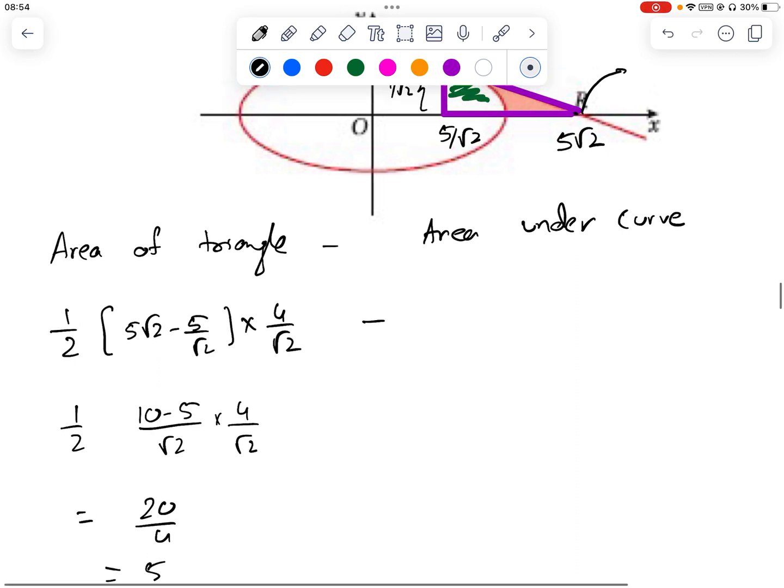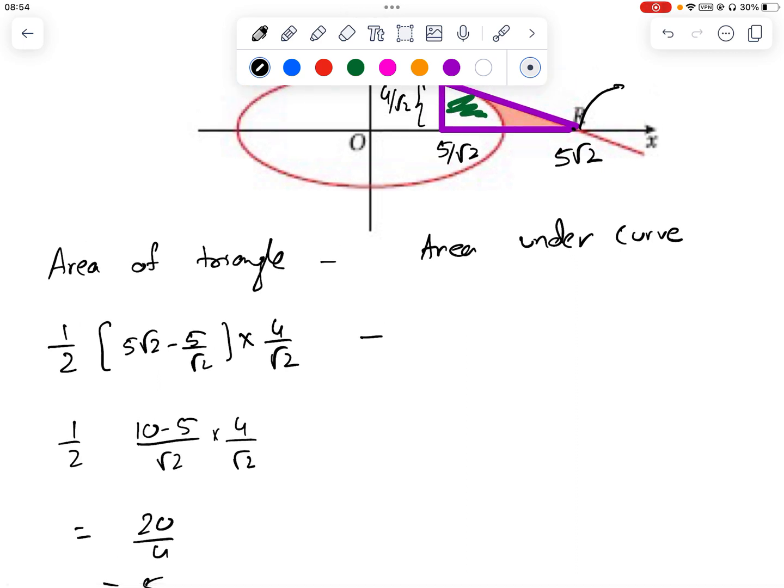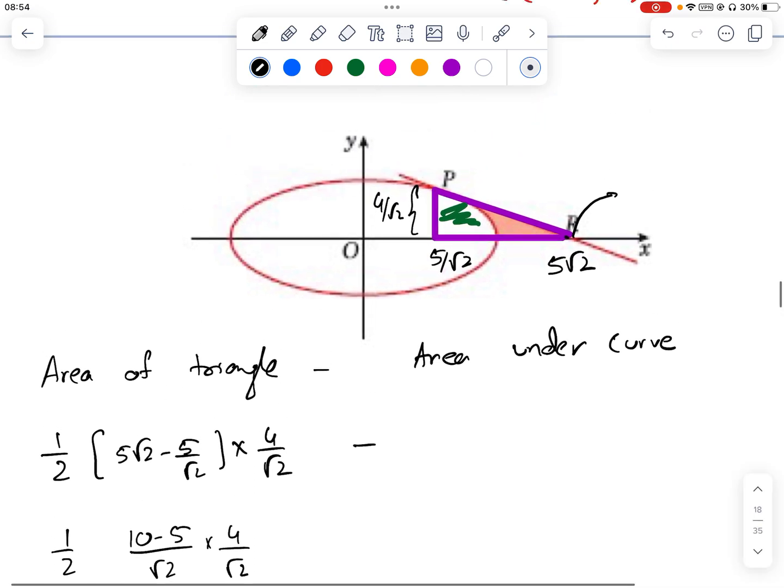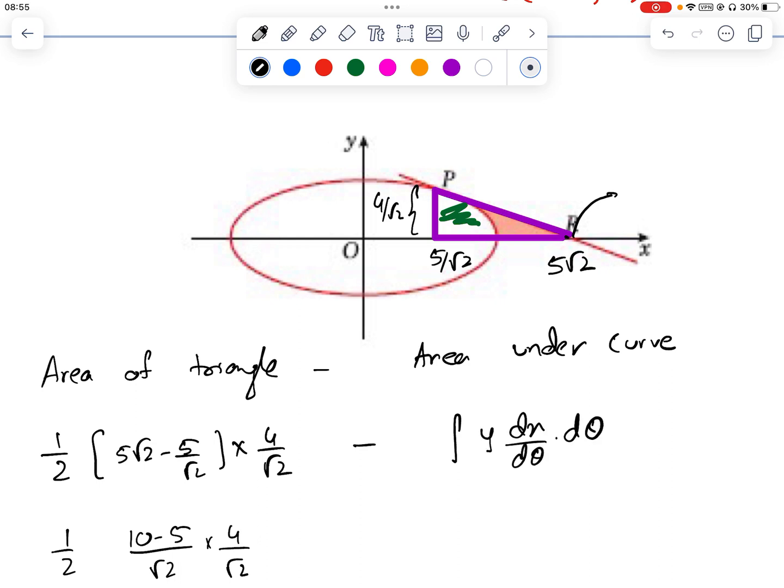Now I have to find the area under the curve. What should I be doing? Integral, because it is in parametric form, y dx upon d theta times d theta. What are the limits? Theta was pi by 4 because we were starting at pi by 4.